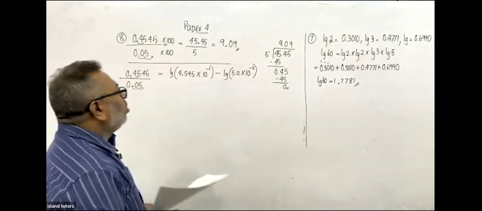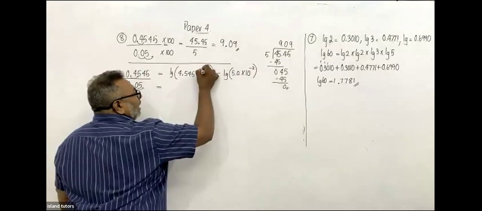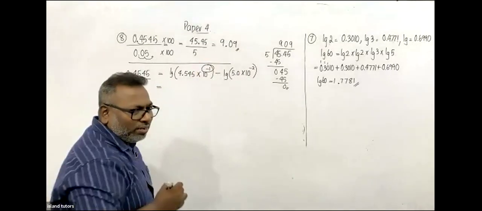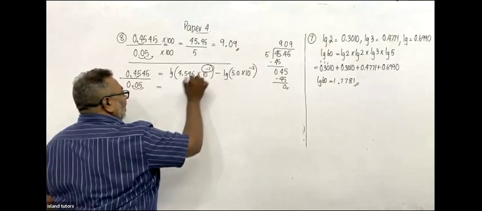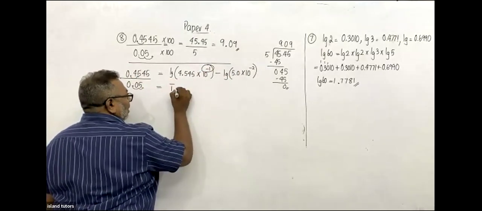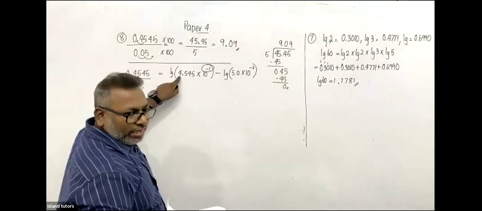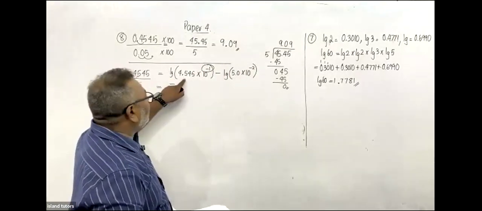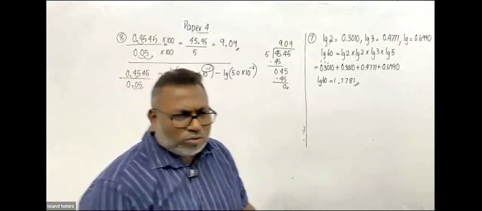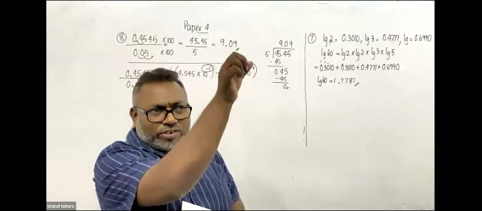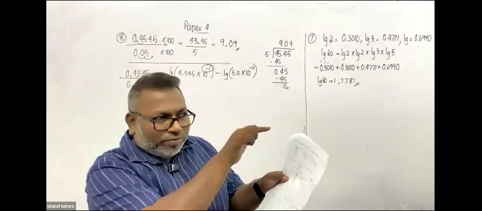Okay. Now, go using your log table. First take this. This minus 1 becomes a characteristic of your log. Minus 1 means bar 1 dot. Go and look in your log table. 4.545. When you go and look in the log table, how do you look? You take the first column, look for 45. Take 45.